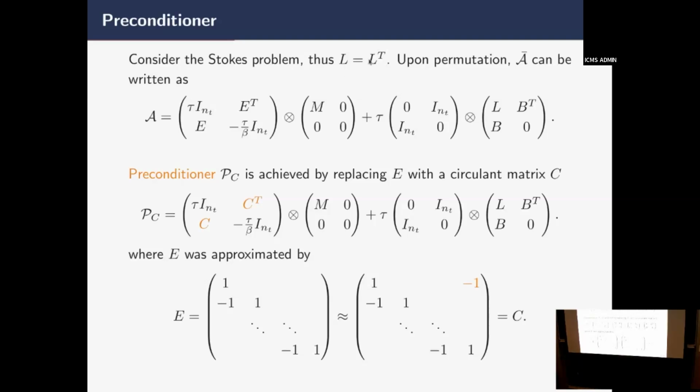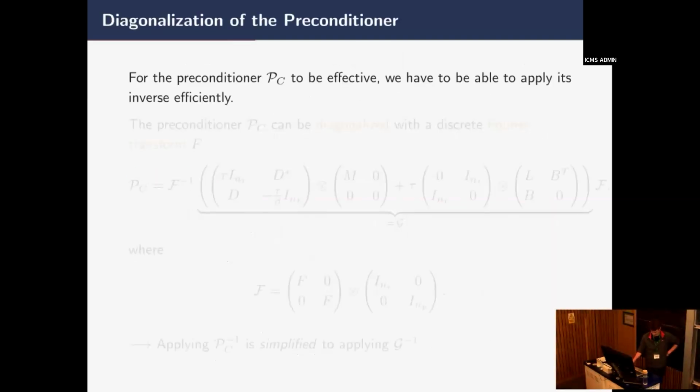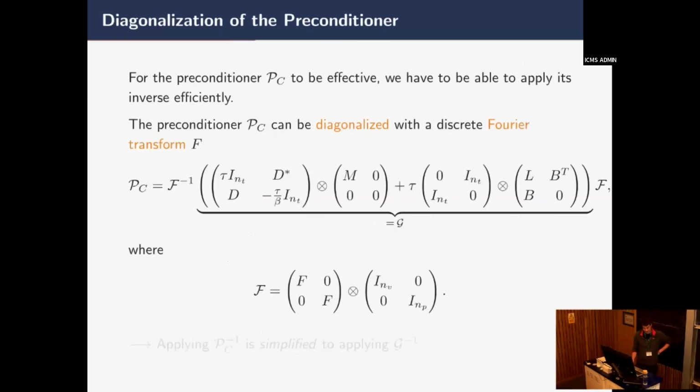And oh yeah, I mentioned before that in this specific case we have L being L transpose. That's the discretization of the negative diffusion. And the advantage is that now we can diagonalize the operator, because a preconditioner is only really effective if we can invert it, or apply its inverse, effectively, and that is a good approximation.